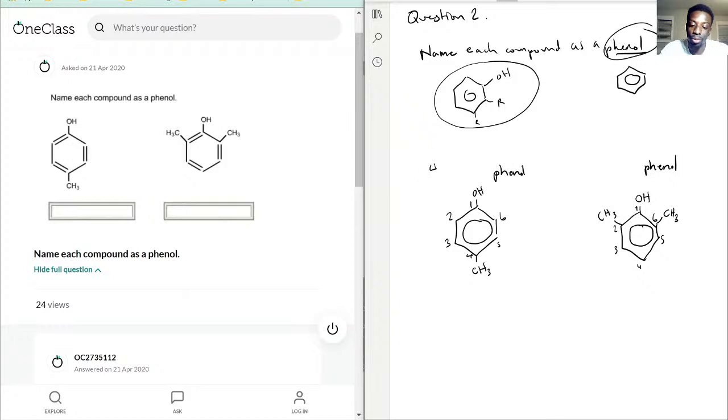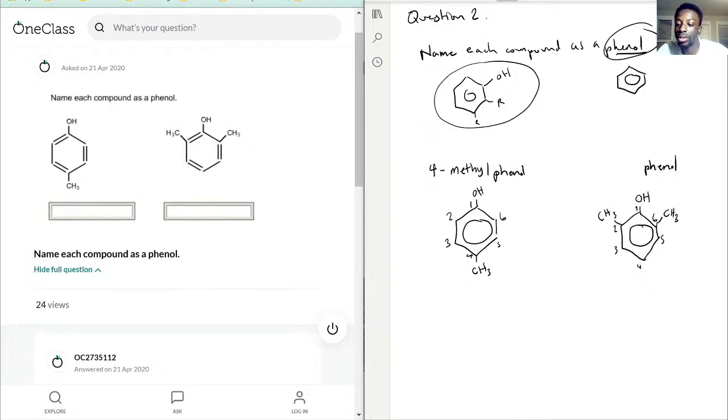So this is 4 dash methyl phenol. That is a name for this compound here, because that tells you that there's a methyl group, because there's only one carbon, methyl 1, ethyl 2, etc. And it's on the 4th one. So that's it for this question.